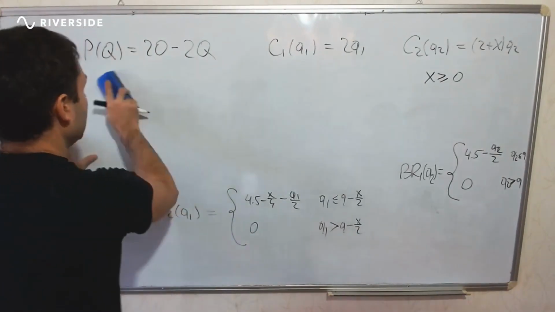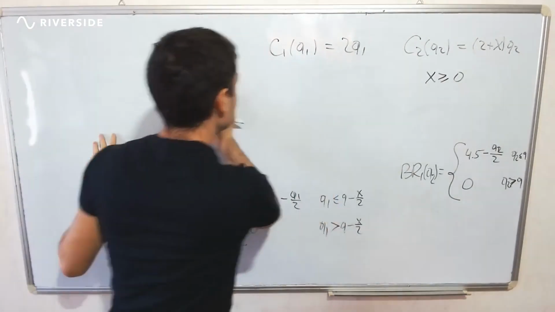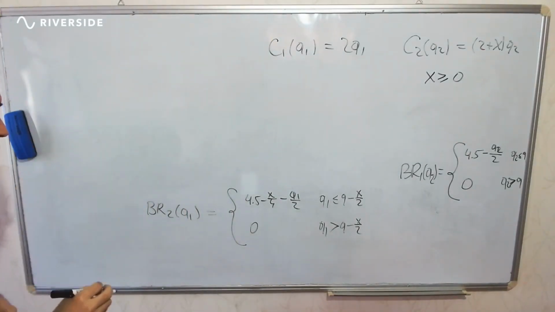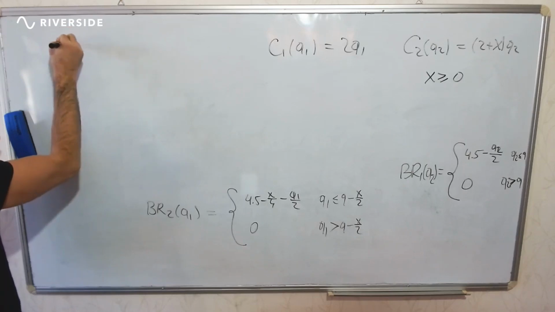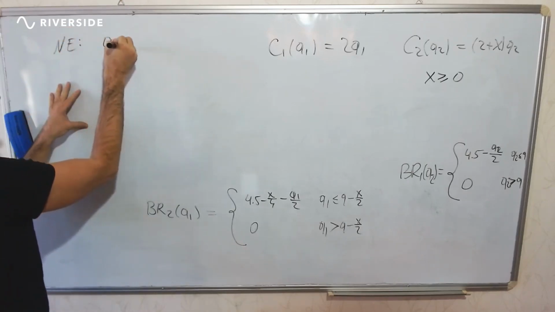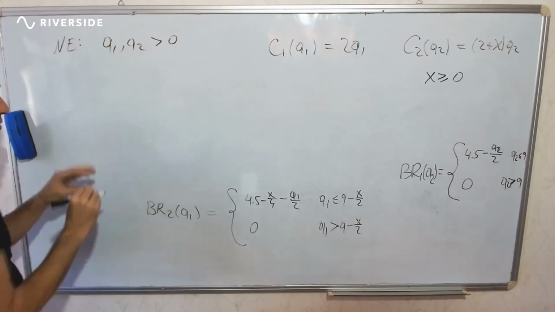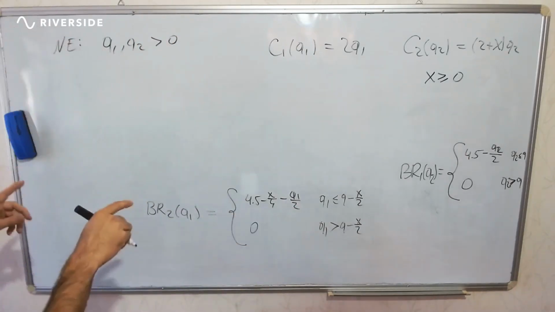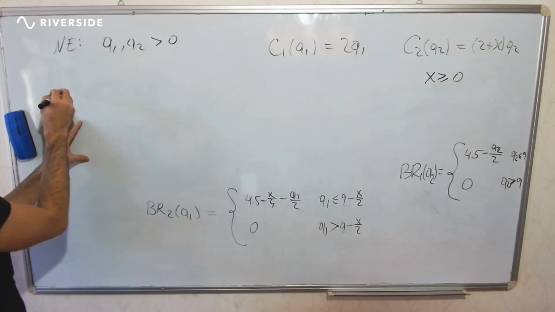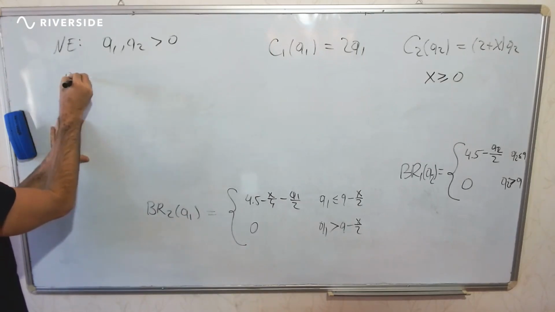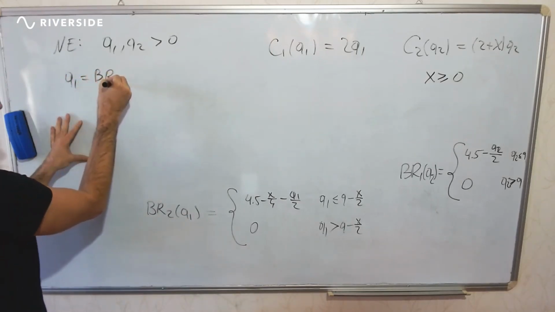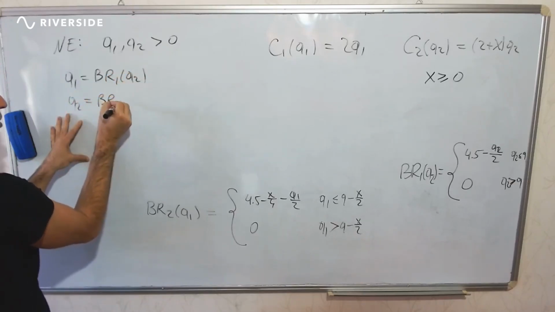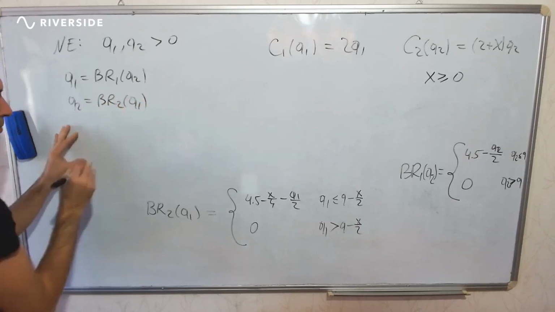Okay, so let me erase this part. And let's solve for the Nash equilibrium. The Nash equilibrium is the one where Q1 and Q2 both will be positive. We will derive the condition on x for that, but effectively Q1 must be the best response of firm 1 given Q2, and Q2 must be the best response of firm 2 given Q1.